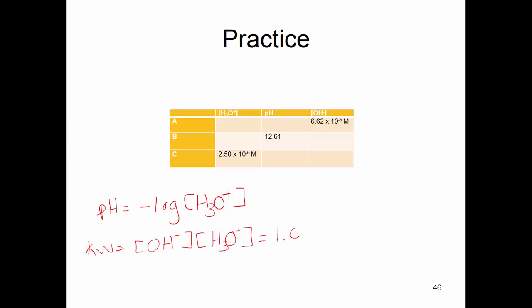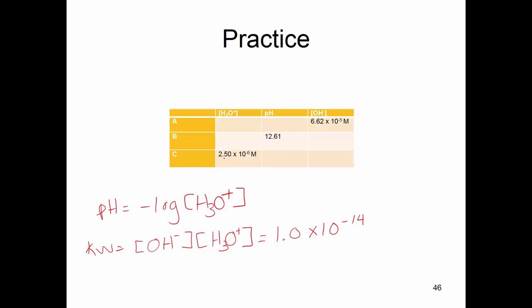Experimentally, we have equal concentrations of these in a neutral solution. We're going to use these together sometimes, or however we work them out.